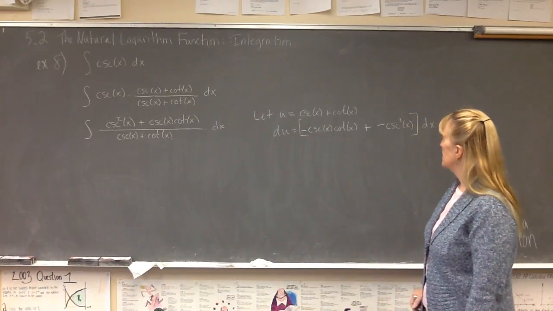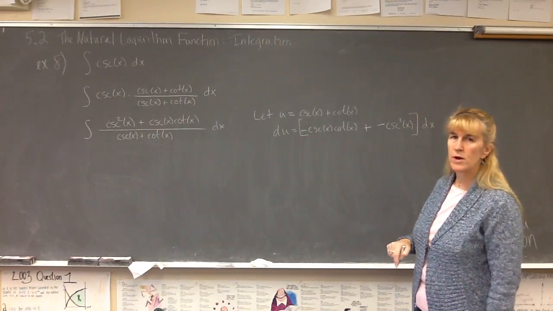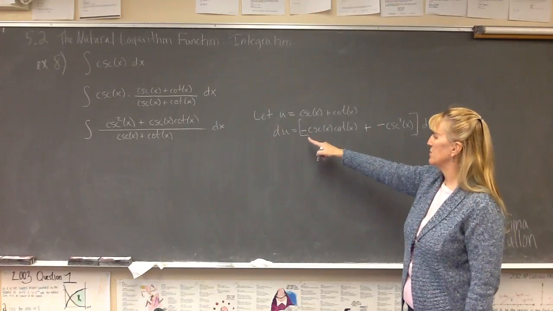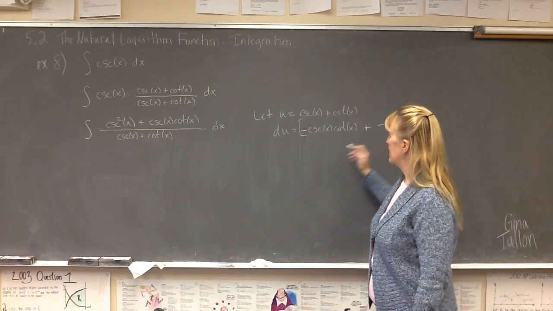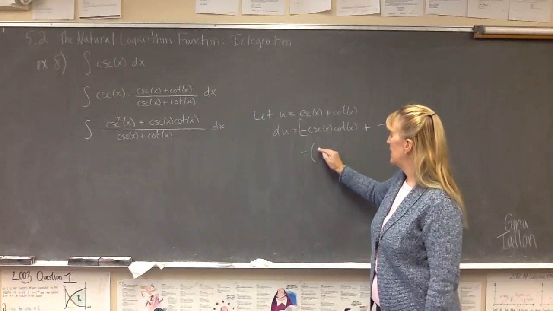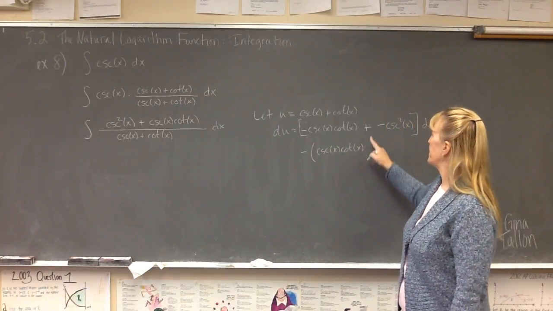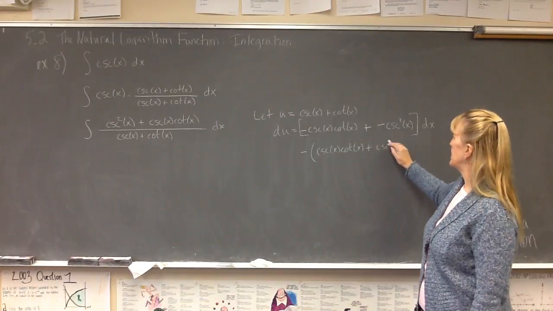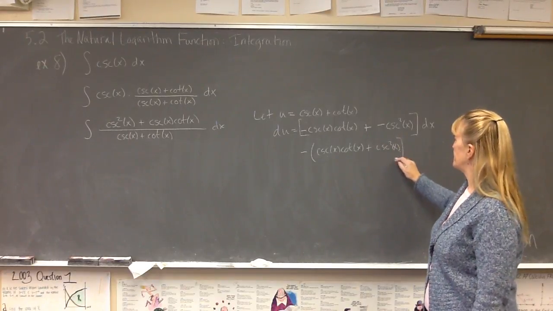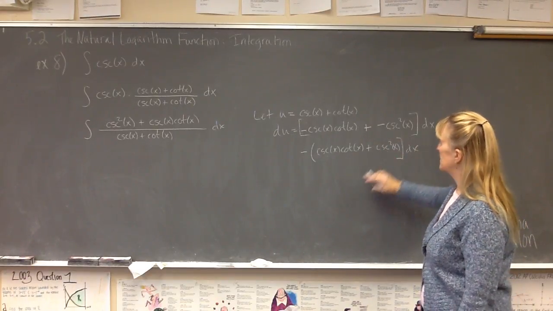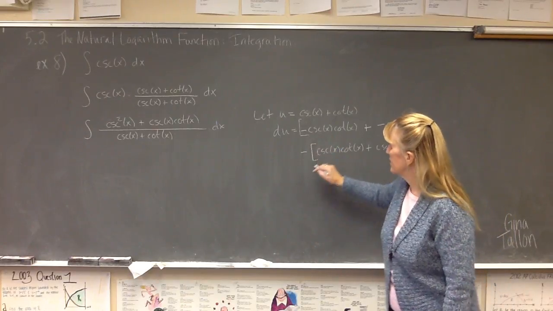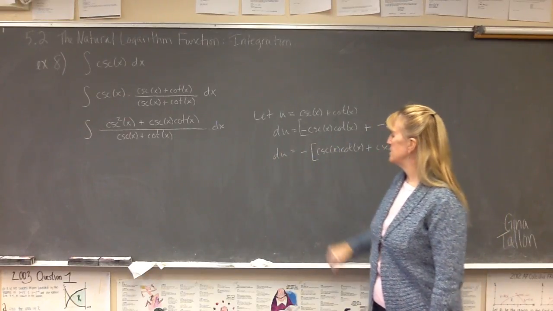Now it's almost what I have on my numerator, except I don't have these negative symbols. So I'm going to factor the negative out first. I'll have cosecant x cotangent x plus cosecant squared x with respect to x, and I guess I will use a bracket right there. And this is still my du.